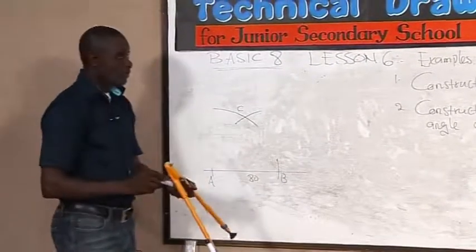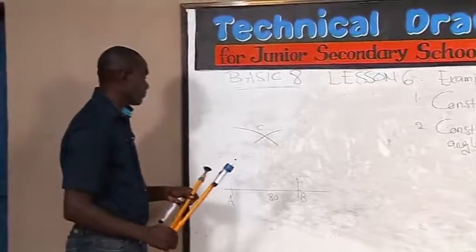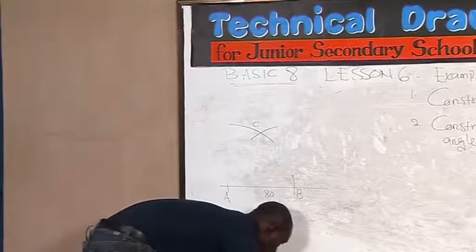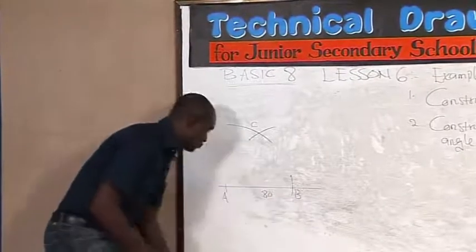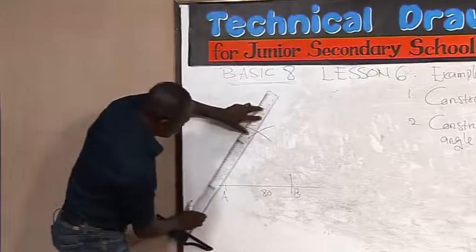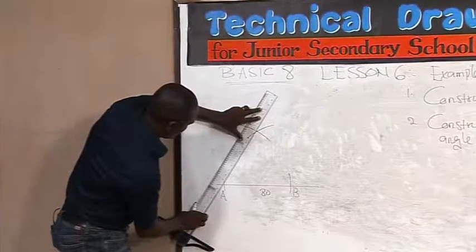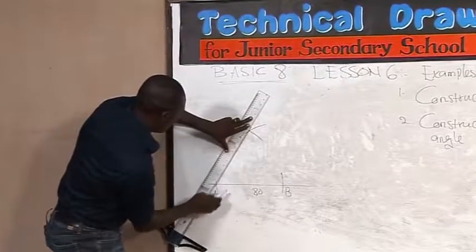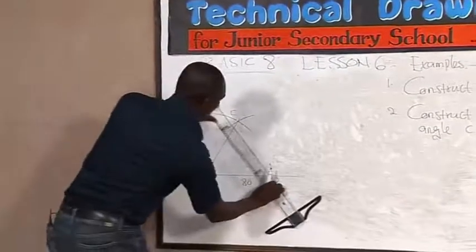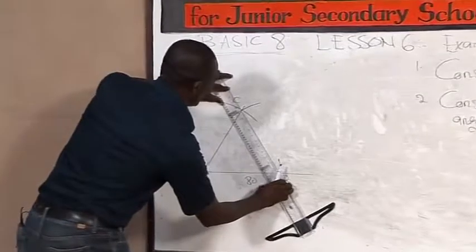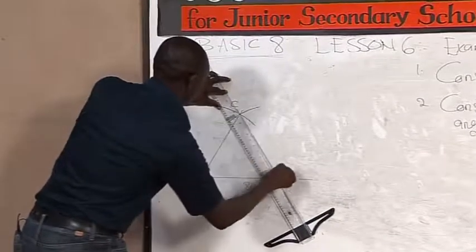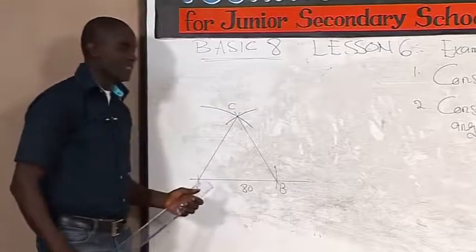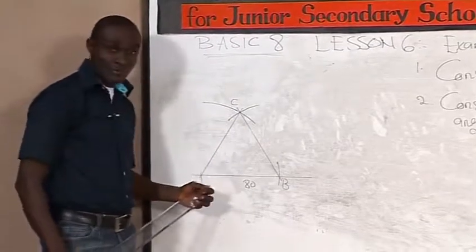C. And what's the next thing you do? Join A to C and B to C. Join A to C, using your ruler, that's it. A to C, and B to C. Wow, equilateral triangle. Isn't that simple?